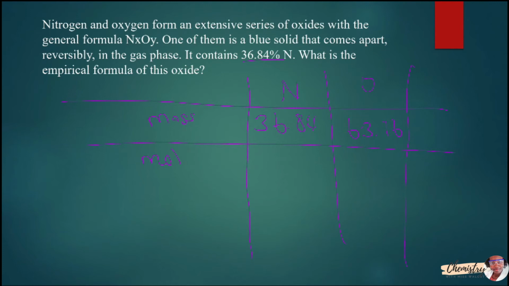The molar mass of nitrogen is 14, so we'll divide 36.84 by 14 and we'll get 2.63. The molar mass for oxygen is 16, and when we divide 63.16 by 16, we'll get 3.95.